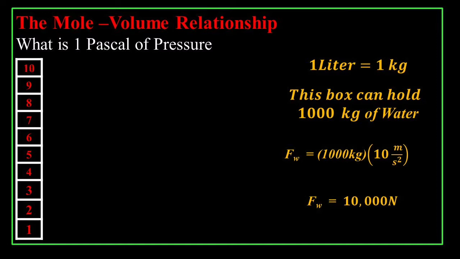So I have 10 boxes, and each box is a cubic meter, so I'm going to put a cubic meter next to each box. It's going to be 10 cubic meters, and the water in each box will be 10,000 newtons, so that'll be 100,000 newtons.